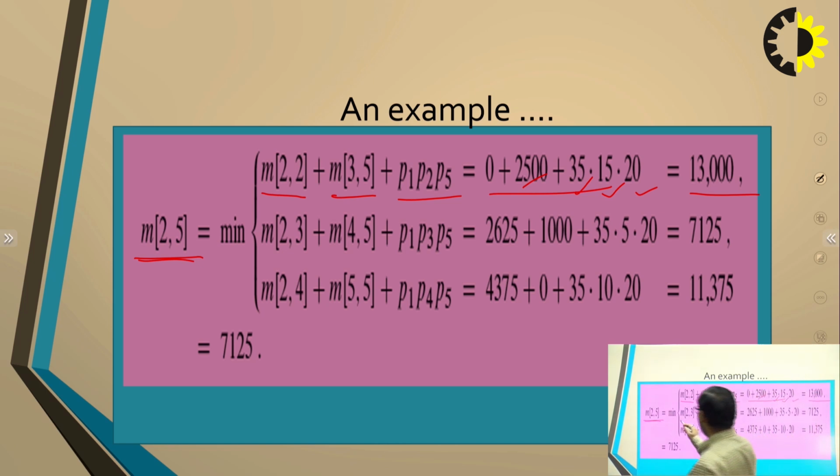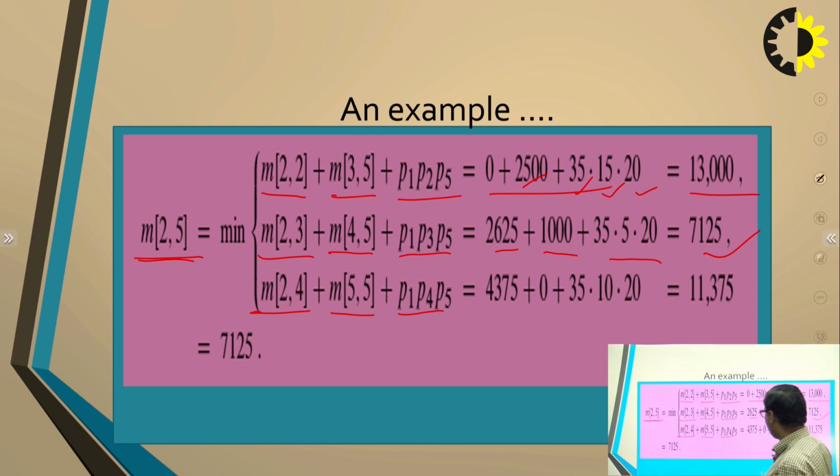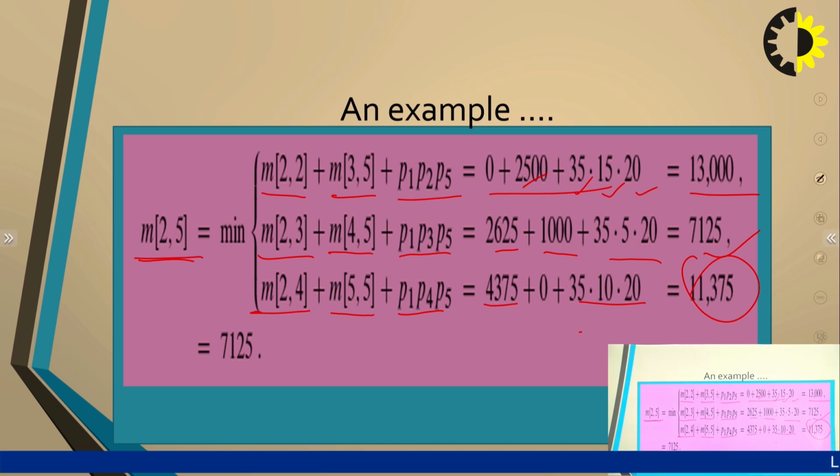Again M[2,3] + M[4,5] + p1 p3 p5: 2625 plus 100, then this value will be 7125. Again M[2,4] + M[5,5] + p1 p4 p5: 4375 plus 0, and we will get 11,375.